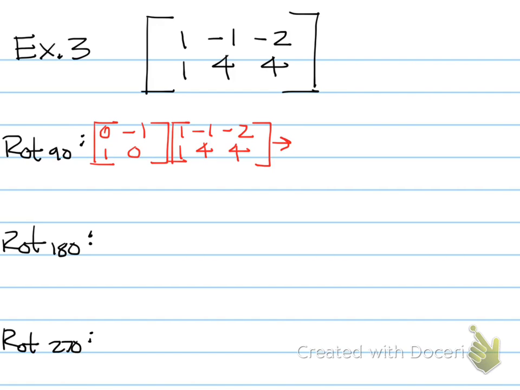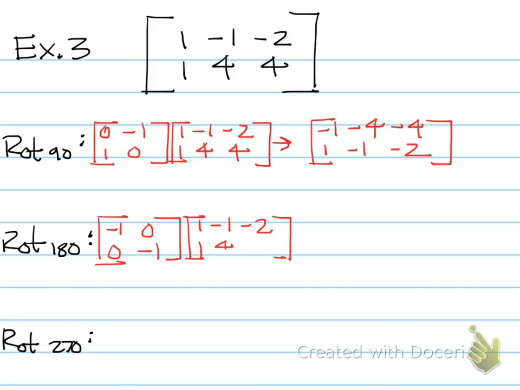All right, so we start with the 90-degree rotation matrix, 0, 1, negative 1, 0. Multiply that by our vertex matrix. We get negative 1, negative 4, negative 4. And the second row, 1, negative 1, negative 2. For a 180-degree rotation, we're going to take the 180 rotation matrix and multiply that by our vertex matrix.